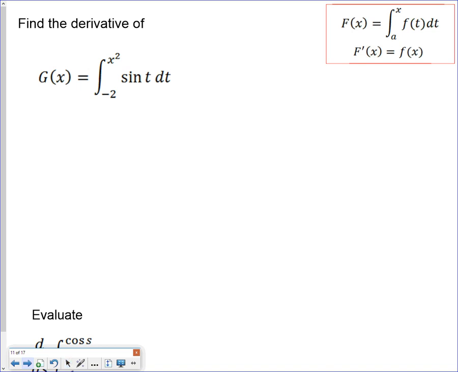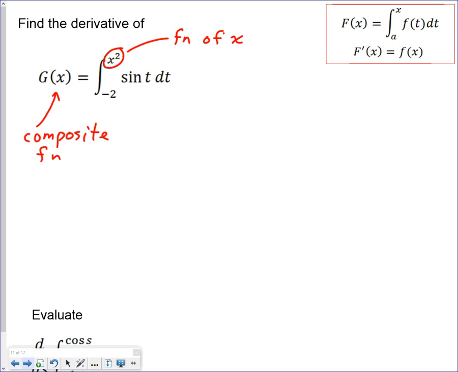Now, there's just a bit of a hitch in this question here, because rather than just integrating from -2 up to x, we are integrating up to a function of x, okay, x squared. This means that this g at x function here is actually a composite function. So if we're going to take the derivative here, we're going to have to use the chain rule.